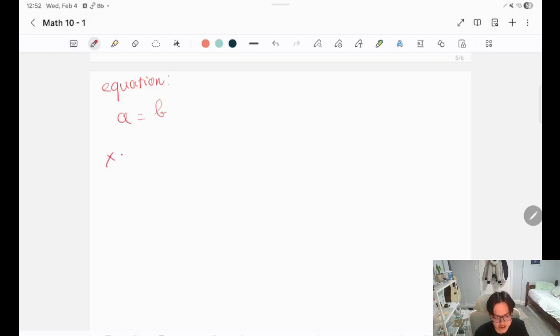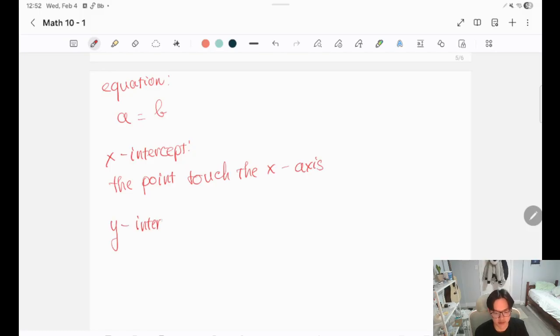And the x-intercept is the point that touches the x-axis, as well as the y-intercept, the point that touches the y-axis.